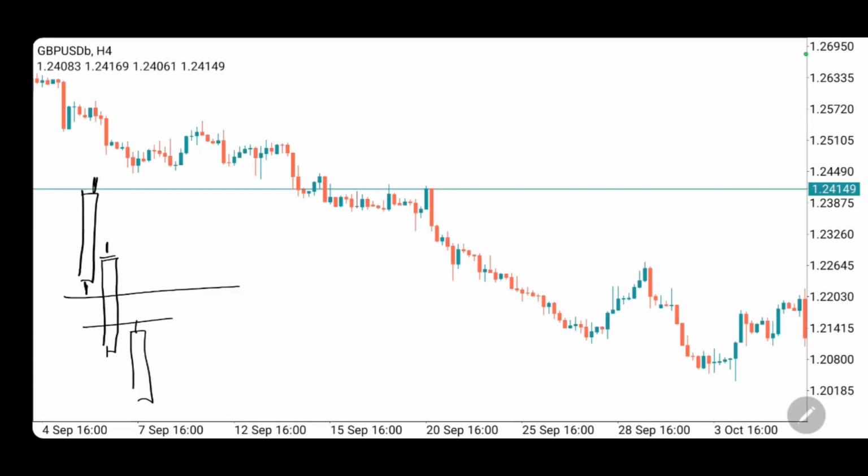Your imbalance will be the gap, which is the FVG, fair value gap, between the previous candle and the other one on the other side of the existing candle.